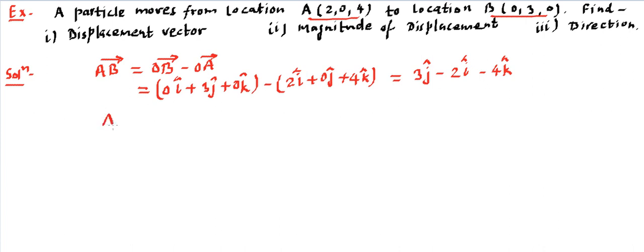So this AB vector, which is our displacement vector, that means this is our first part, is AB vector equal to minus 2 i cap plus 3 j cap minus 4 k cap. Now generally we write in this manner, that means we follow the i, j, k order.